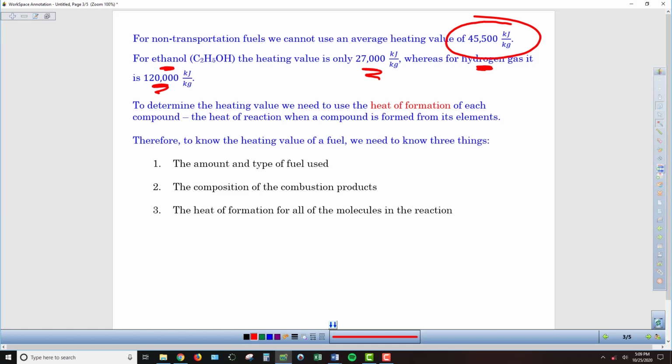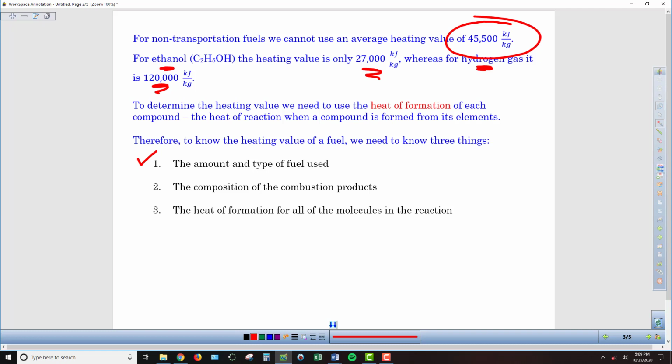So to determine that heating value, what we need to do is use the heats of formation of each of the compounds that are involved in the reaction. So it's basically the heat of the reaction when a compound is formed from its elements. And so to figure out what the heating value of a fuel is, how much energy you're going to get out of combusting it, you need to know, first of all, the amount and the type of fuel that's being used.